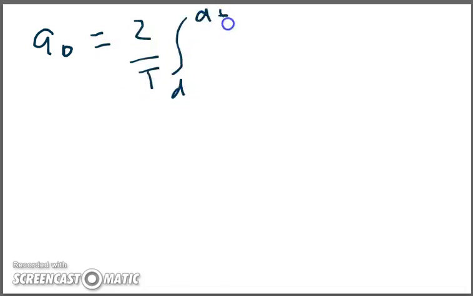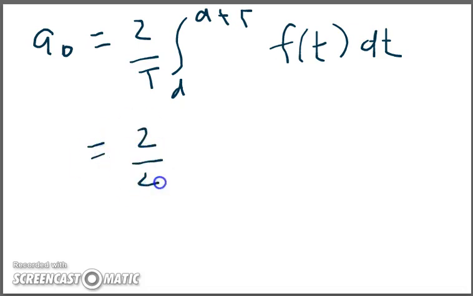Alright, next we would like to find a naught, which is given in general as this. Correct? Based on this, we plug in all the values of T, the boundary, and f(t) inside the equation for a naught.